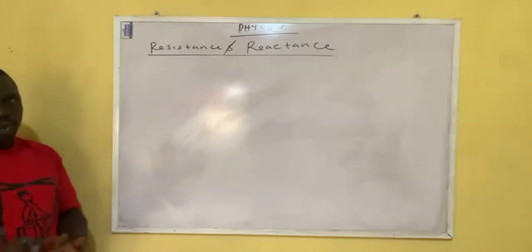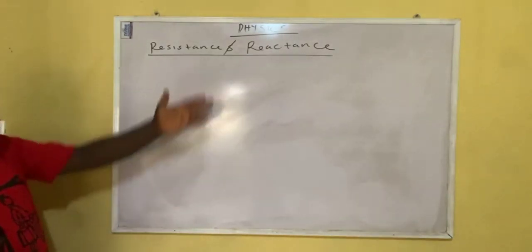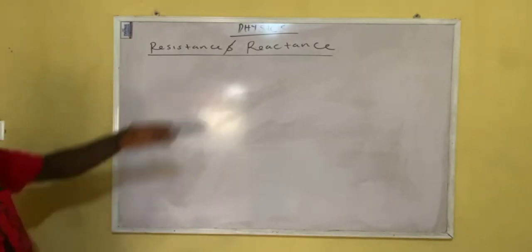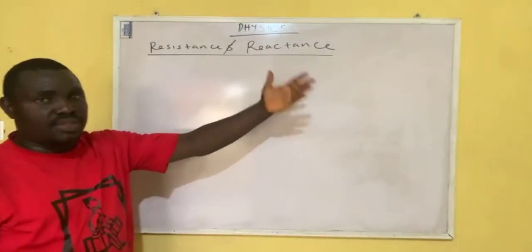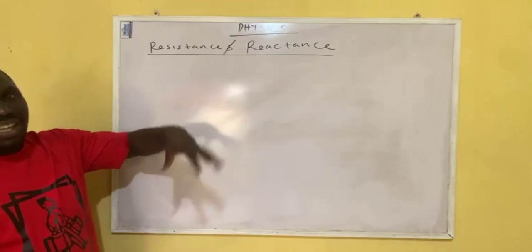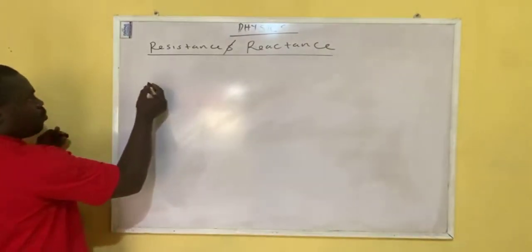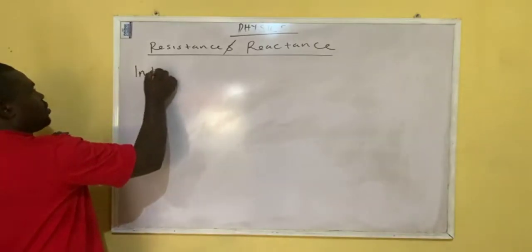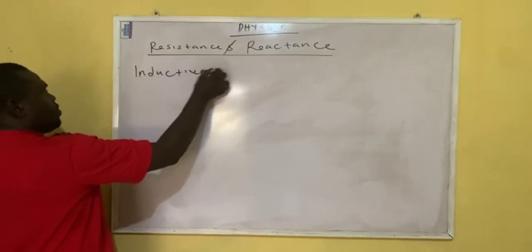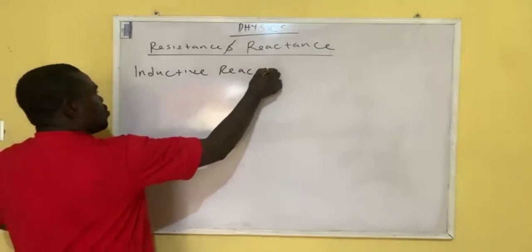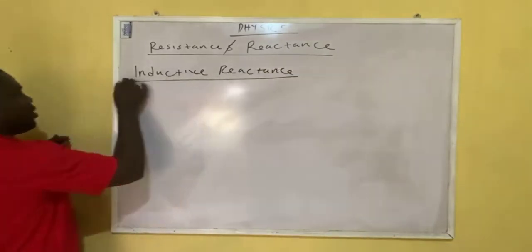Resistance opposes the flow of current, DC current to be precise, and this is AC current. So we have what we call capacitive reactance, and we have what we call inductive reactance. Okay? Now, considering inductive reactance, these are things you should know, not story.